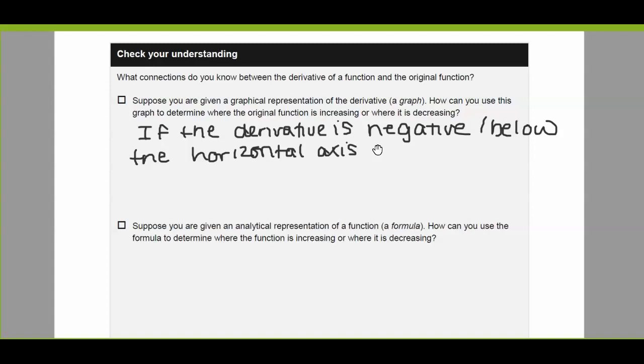If the derivative is negative or below the horizontal axis, then the original function is decreasing.